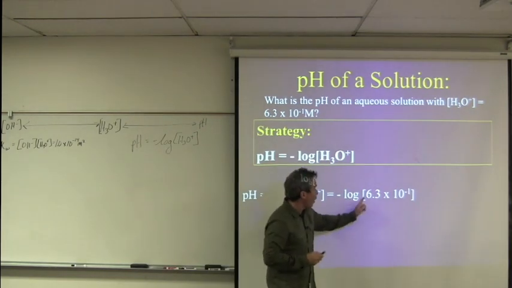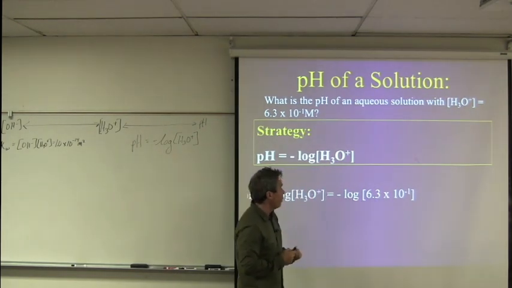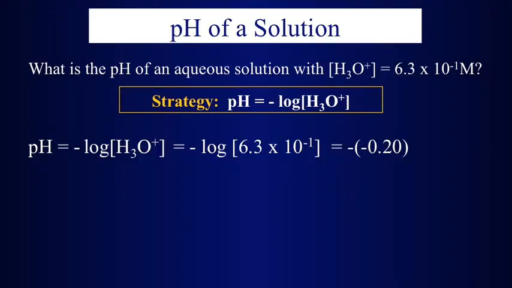When we take the logarithm of 6.3 times 10 to the minus 1, we get negative 0.20. Notice I have that in parentheses. This negative sign is from here. Now I have a negative times a negative, so the negative cancels. So the pH of that solution is 0.20.